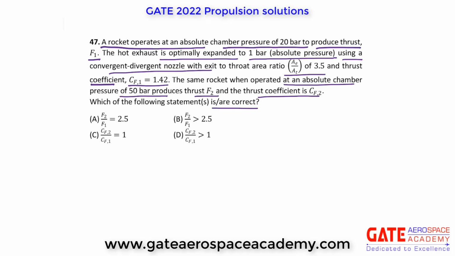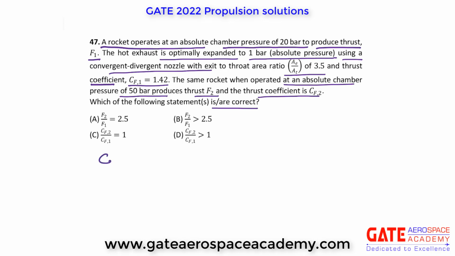Option A, F2 by F1 is equal to 2.5. Option B, F2 by F1 greater than 2.5. Option C, CF2 by CF1 is equal to 1. Option D, CF2 by CF1 greater than 1. So we have to find out ratio of thrust and ratio of thrust coefficient.